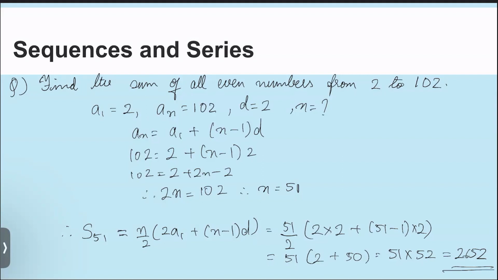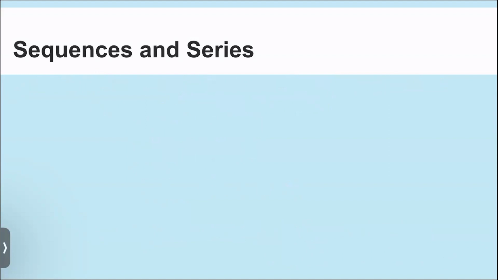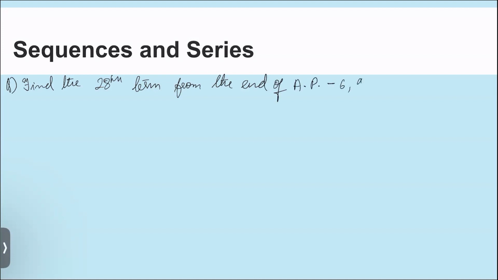Okay, let's take another example. Suppose we have been asked to find the 28th term from the end of the AP, that is 6, 9, 12, 15, 18, all the way up to 102.